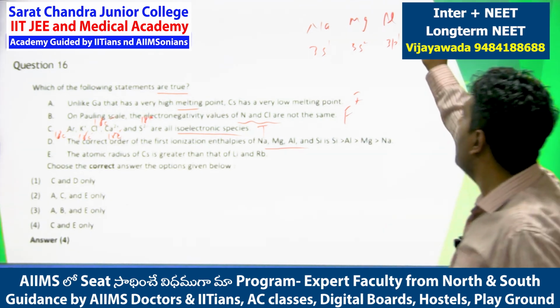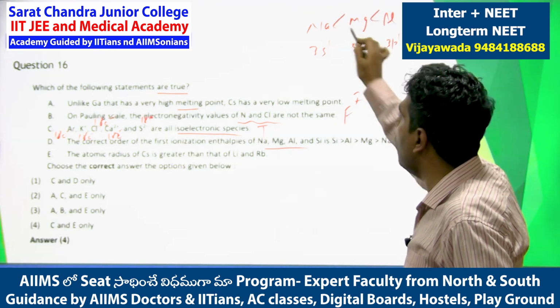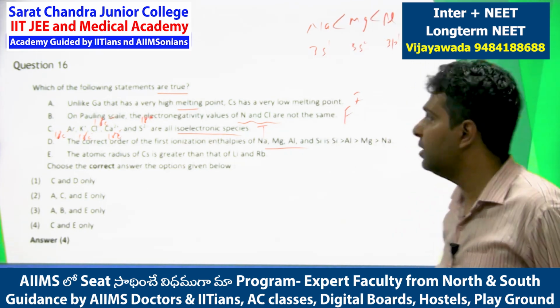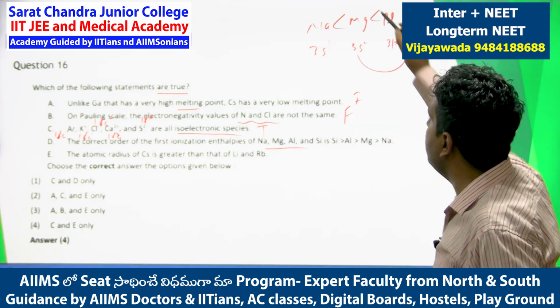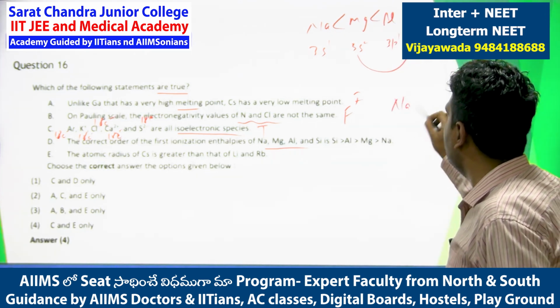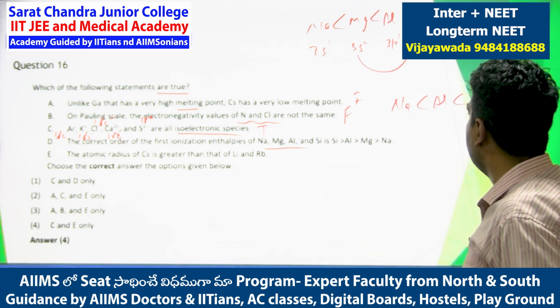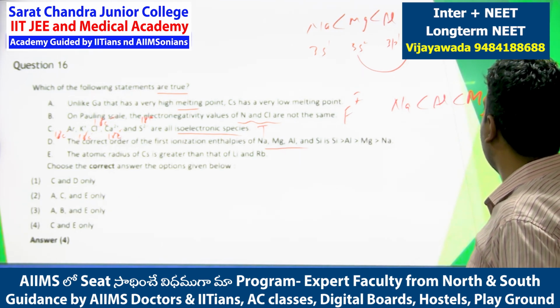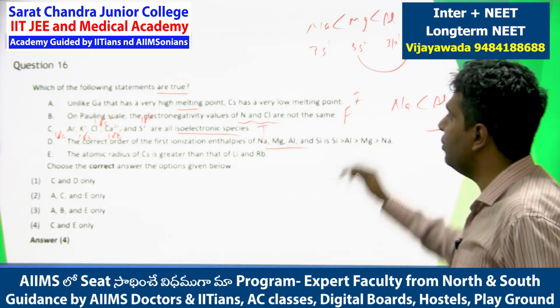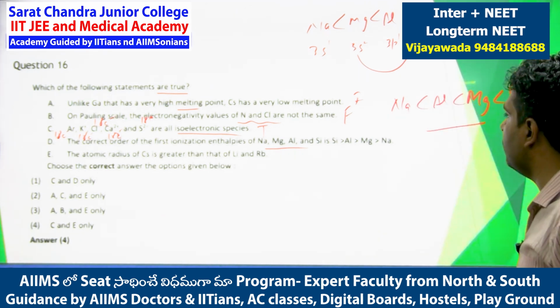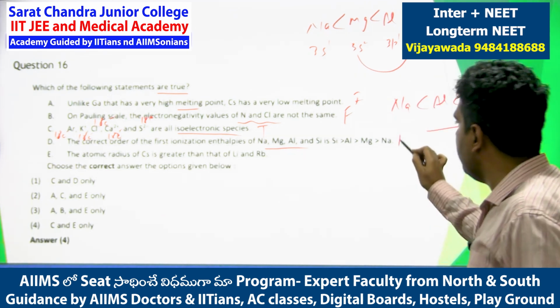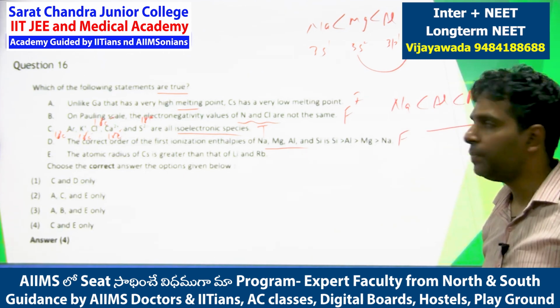Ionization energy increases along the period as the size is decreasing. But because of the stable configuration, the ionization energy of magnesium, which is 3s2, will be greater than aluminium. So this will be the correct order, so this statement is false.